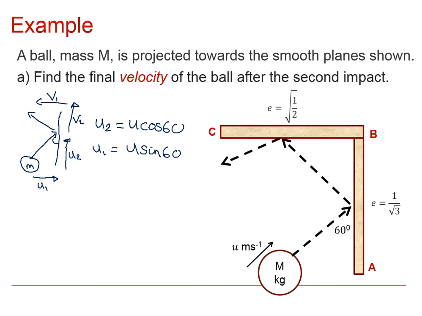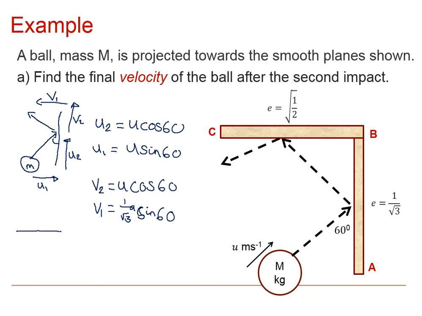Now the motion parallel to the plane is unchanged. That speed is unchanged by the impact. So V2 is also U cos 60, and V1 is U1 times e. So that's 1 over root 3 U sin 60.